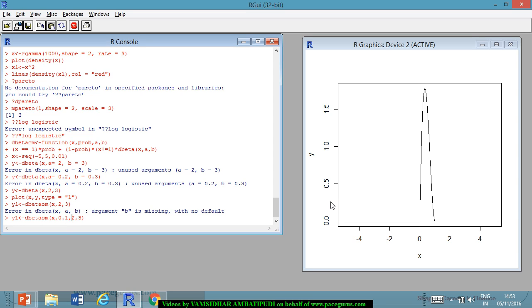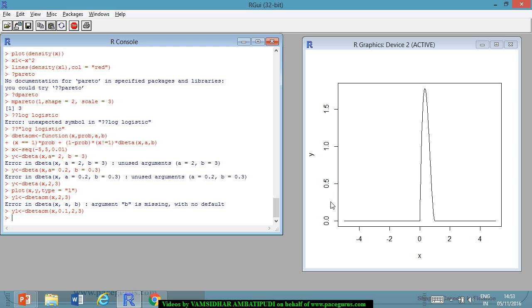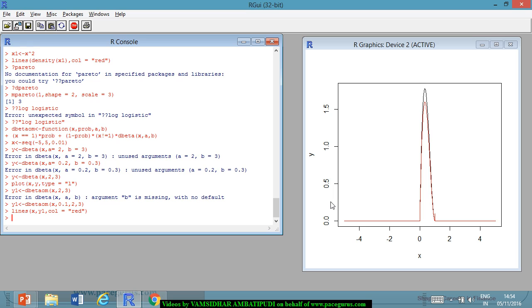So let me set the probability as 0.1, and the remaining things I'll set as 2 3. So to this let me add lines x comma y1, color equal to red. So this is how the 1 beta is going to come out.